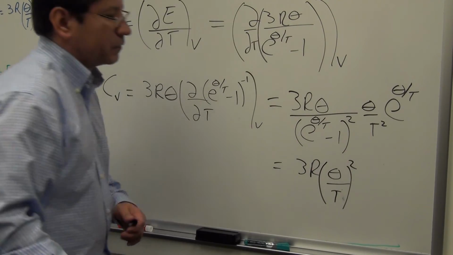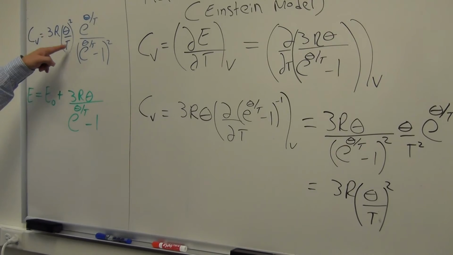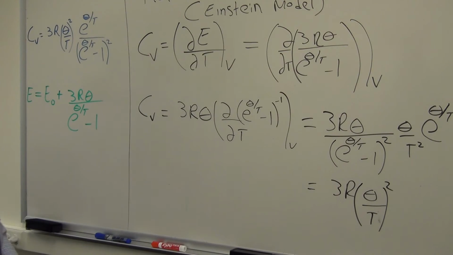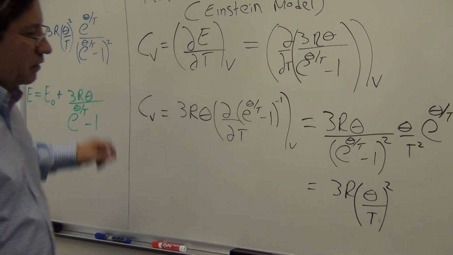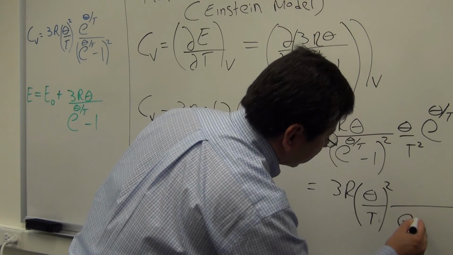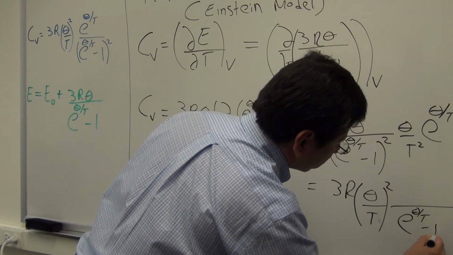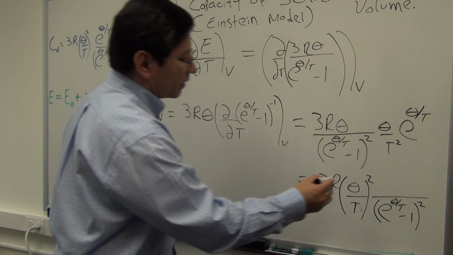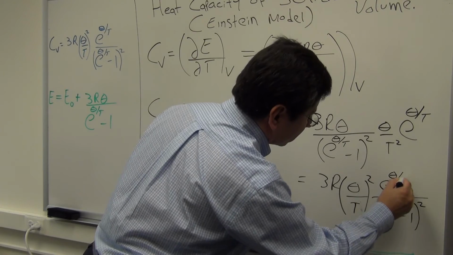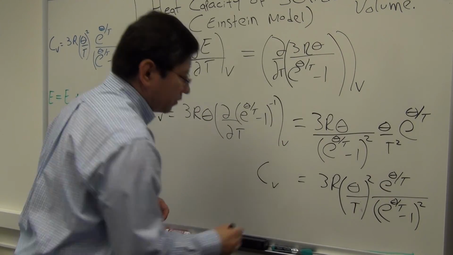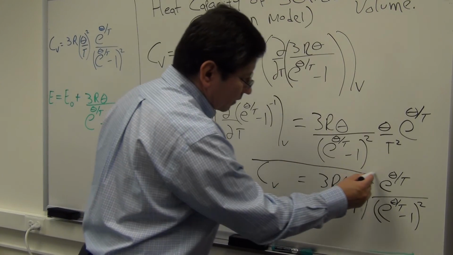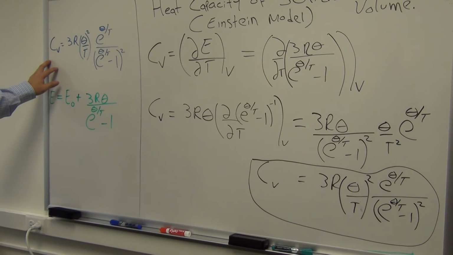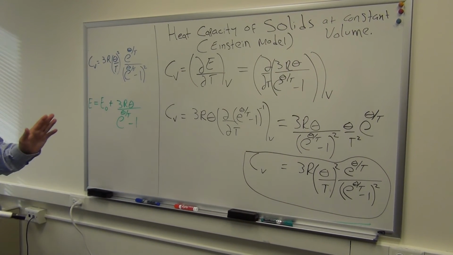We see our familiar e to the theta over T minus 1 denominator here, so e to the theta over T minus 1, squared, and then e to the theta over T in the numerator. And as you can see, my friends, this is identical to the expression that we were given at the very beginning, right?